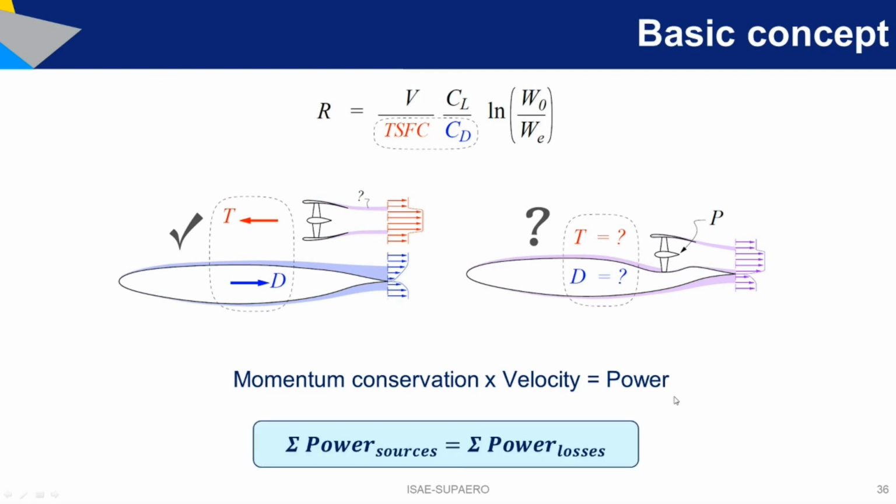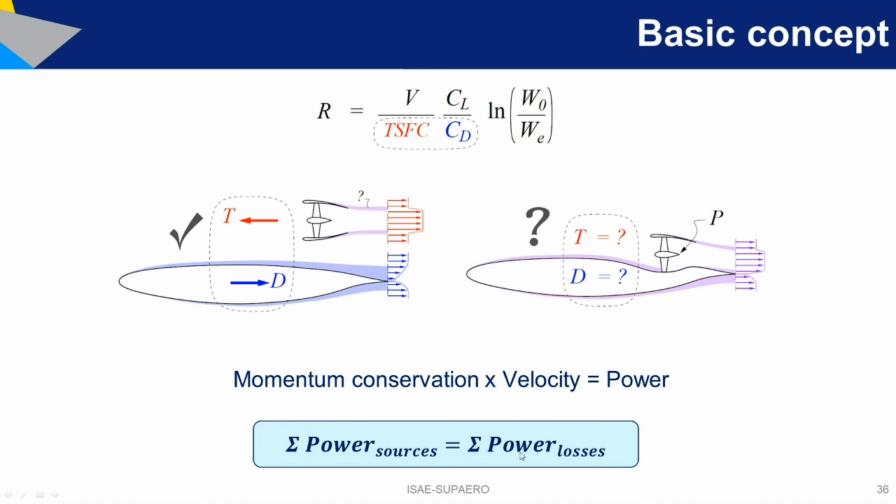That really allows us to generate a model for studying such a configuration, simply because we have to take into account just the sources of power, that is, all the fans that are introducing power to the airflow, and also all the losses of power, that is, the loss of power at the airframe, the loss of power at the nacelle, the eventual loss of power at the hub of the fans, and so on.